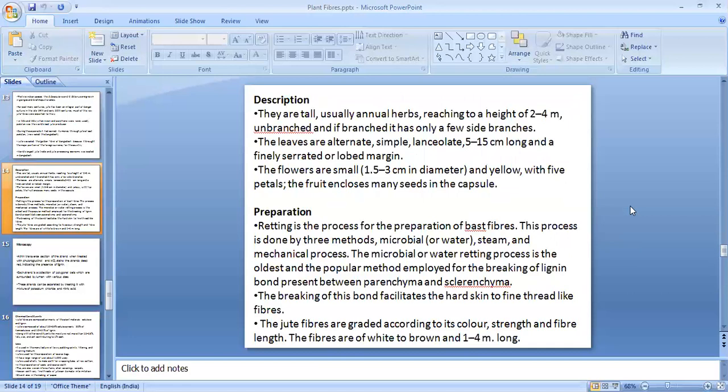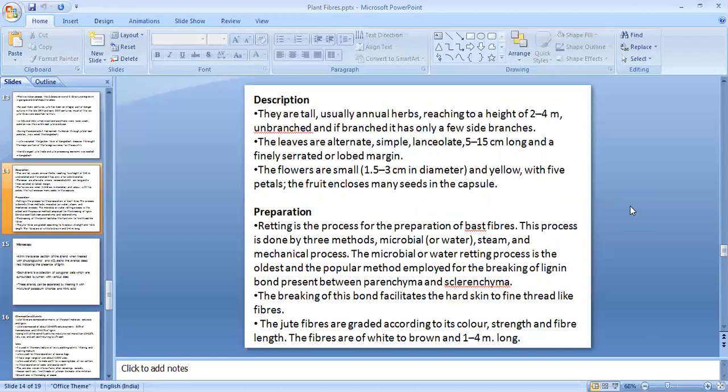And when you just see the jute plants, they are usually tall annual herbs and they grow to a height of about 2 to 4 meters. Sometimes they are unbranched, and if branched, it has only a few side branches.